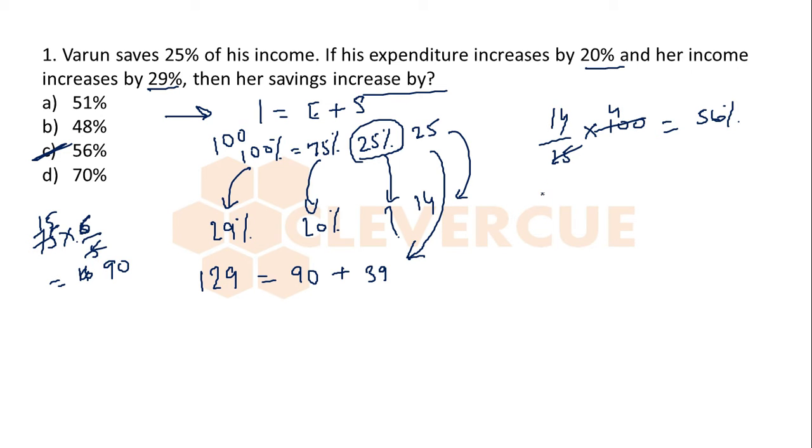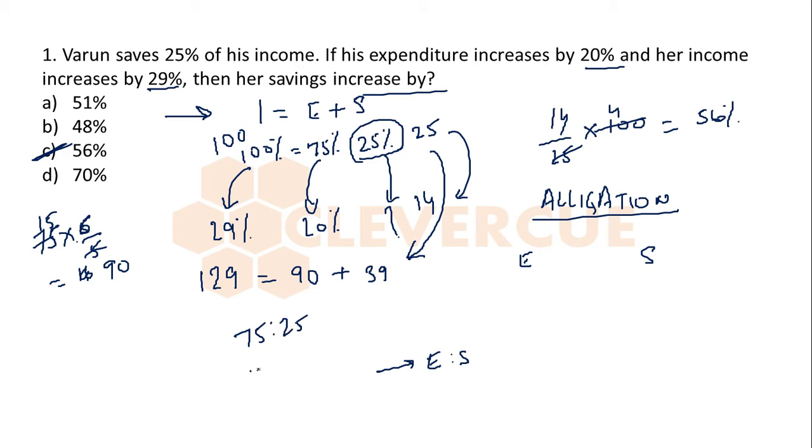We will discuss a shorter method, which is called the allegation method. Through this method, we can solve this even faster. Here in the allegation method, you write expenditure on the left hand side and savings on the right hand side. Below you write the ratio of expenditure and savings, which is 75:25, equal to 3:1.